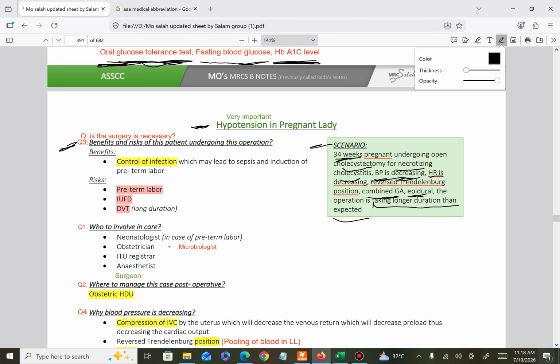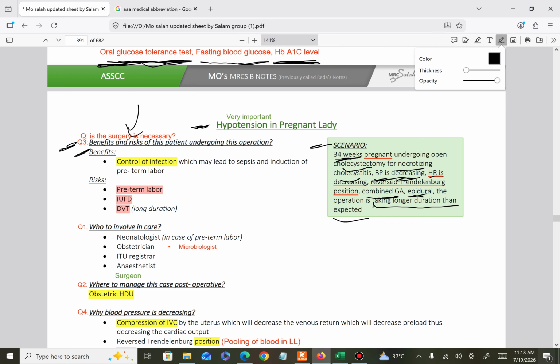So the question is the benefits and risks of this patient undergoing this operation. Basically, is the surgery necessary in this patient, because she is 34 weeks pregnant and has undergone open cholecystectomy for necrotizing cholecystitis.